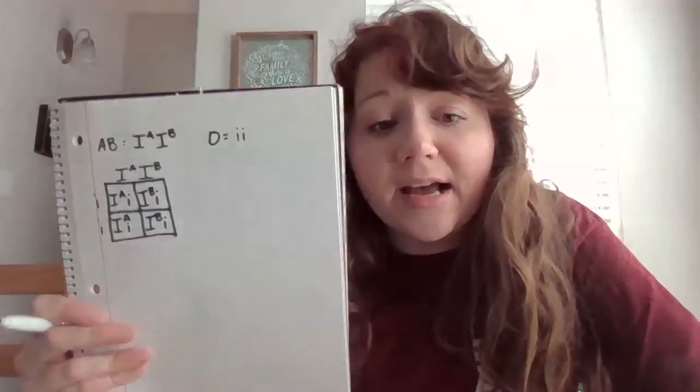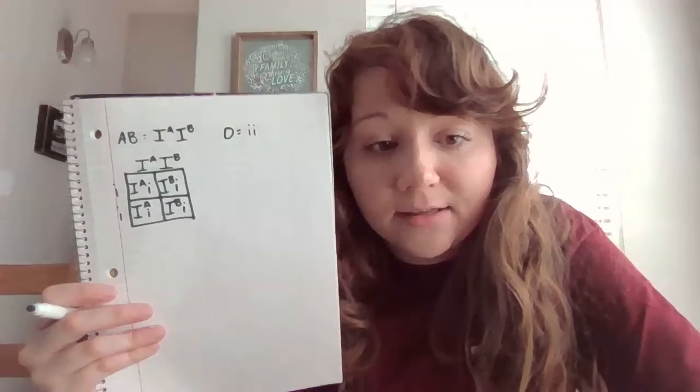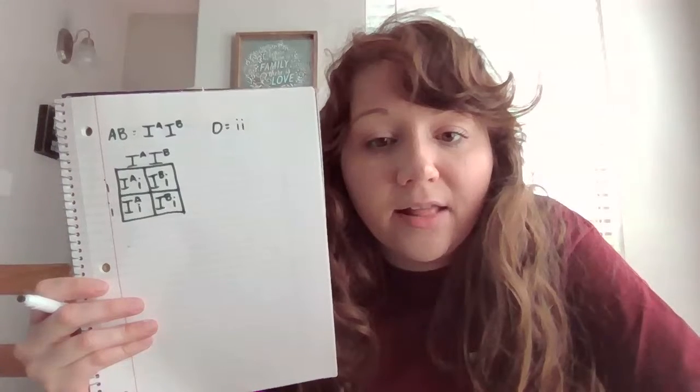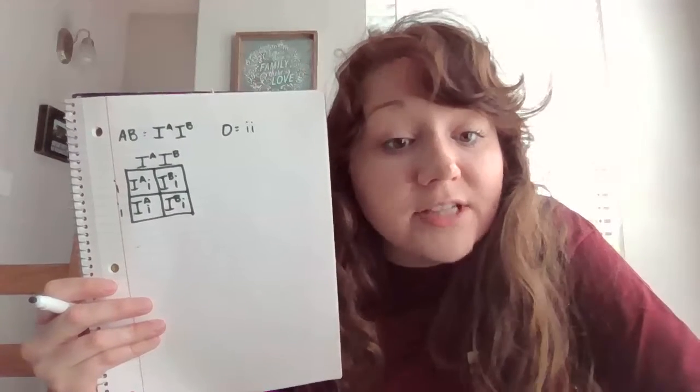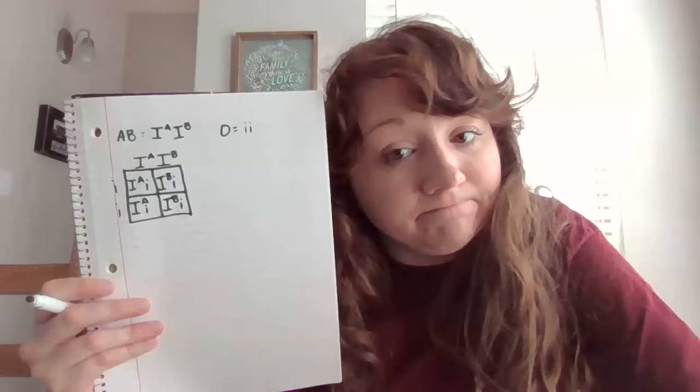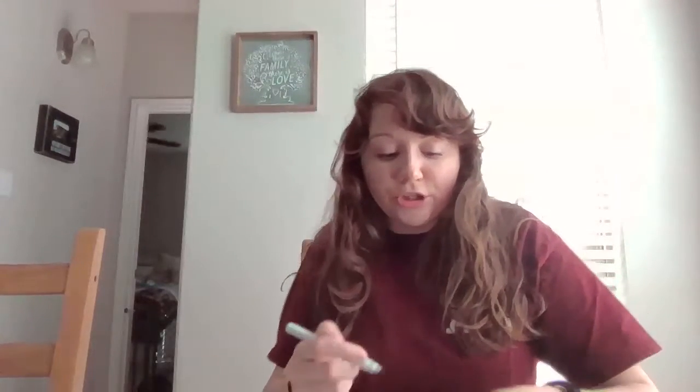As you can see, he could not be their son, because their offspring could not have type O. They would have type A or type B blood only.